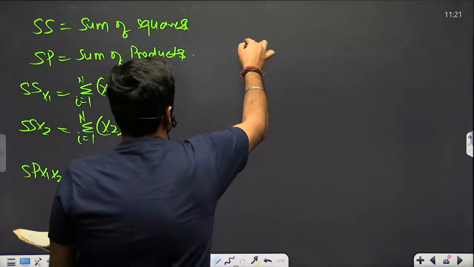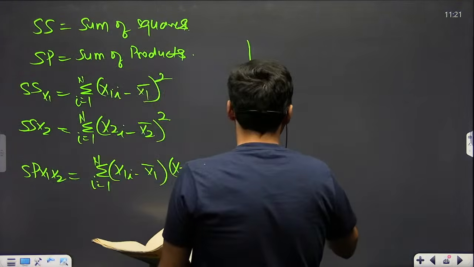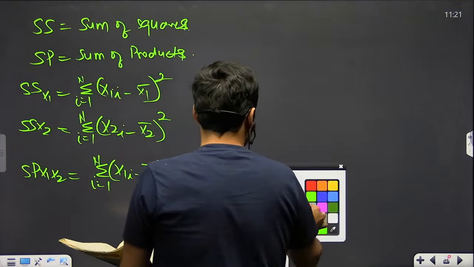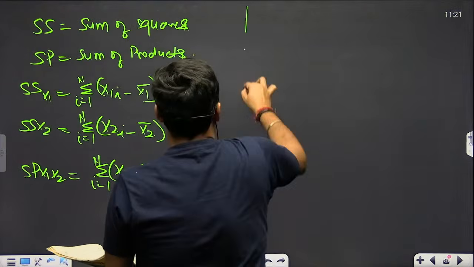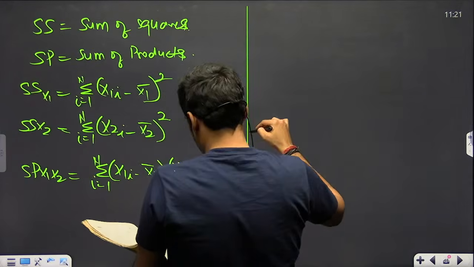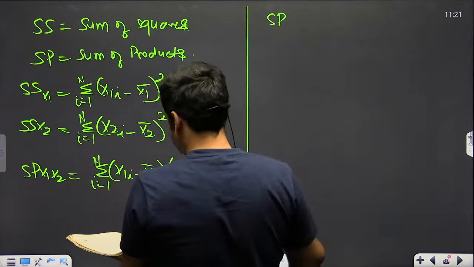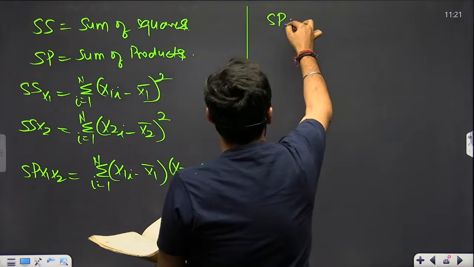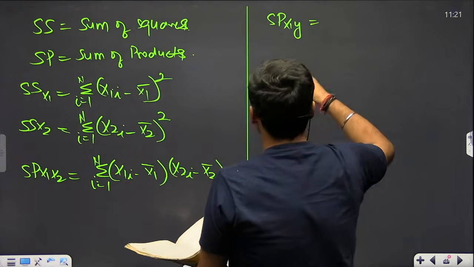And we have the sum of products for x1y. What is x1y?